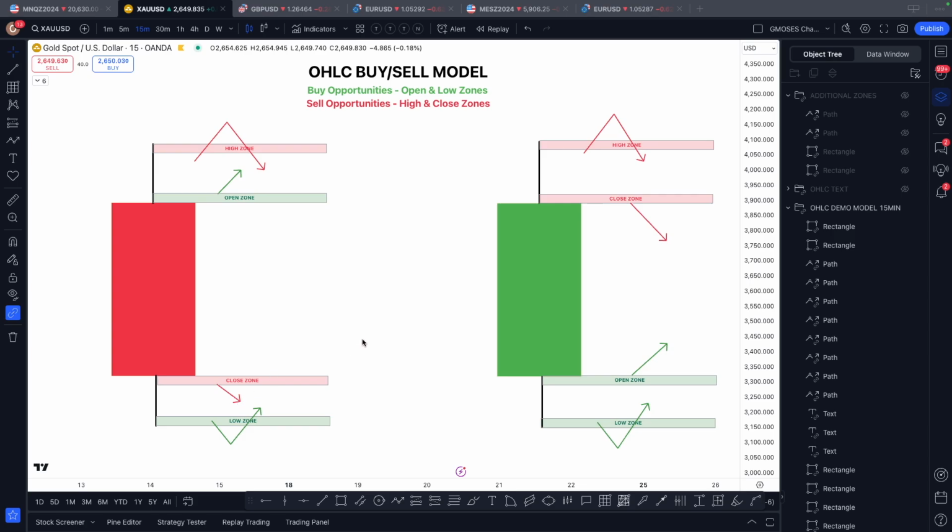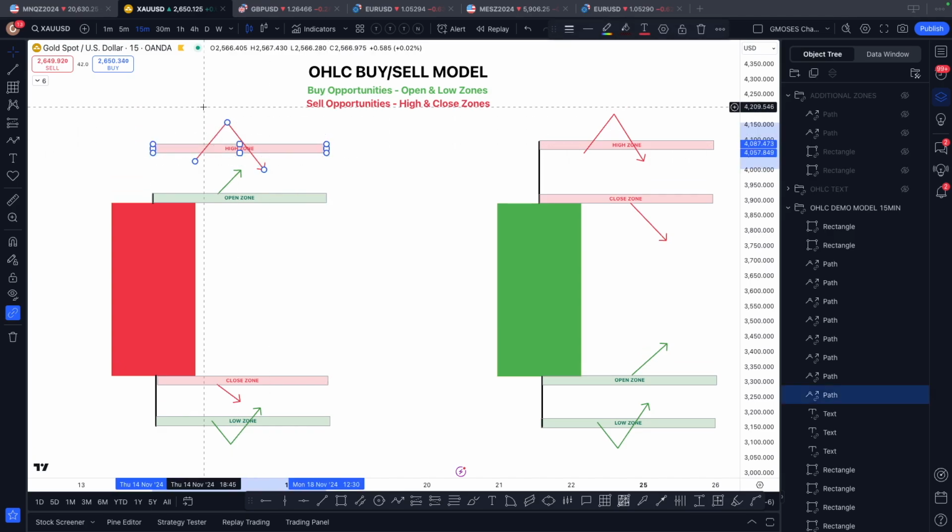Now let's say that we see a bearish candle. However, the wick is extremely small, because remember, every candle looks different. Or let's just say the wick is not there at all. One of the things we want to do is pretty much eliminate this area here.